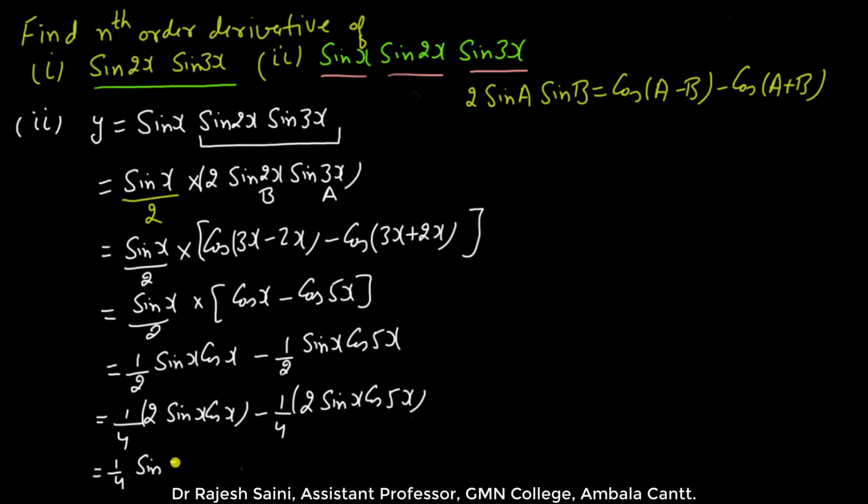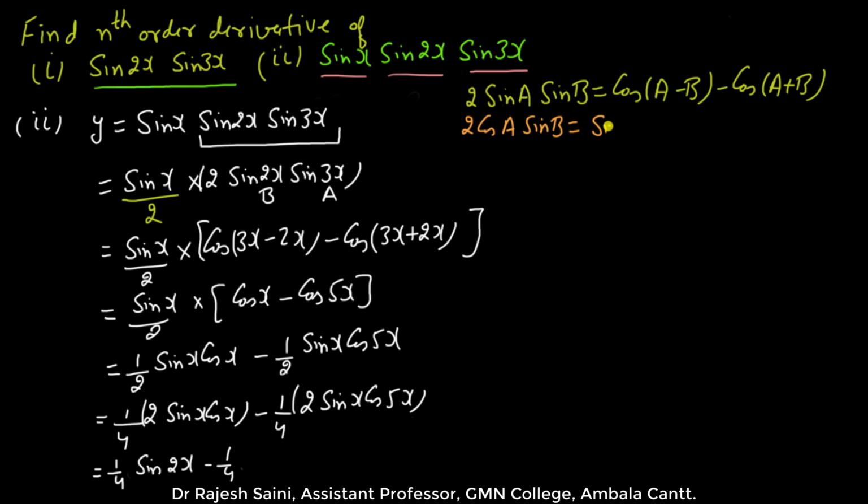sine 2A, meaning sine 2x, minus 1 by 4, and what is the formula for 2 cos A sine B?